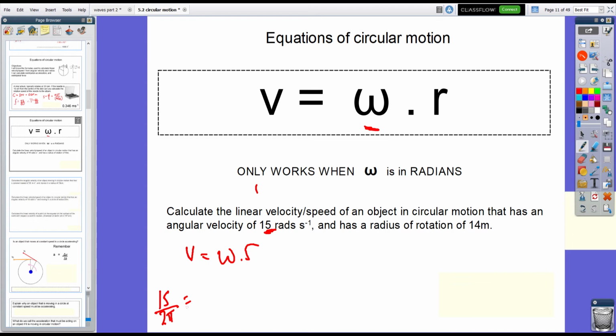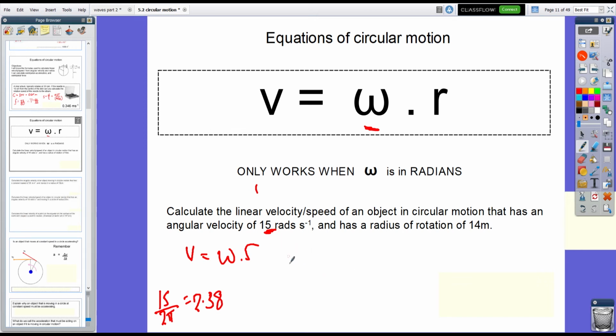I'm just getting an idea of how many cycles I'm doing per second. So this object is turning around and doing 2.4 cycles per second. That's what this 15 rads per second means.